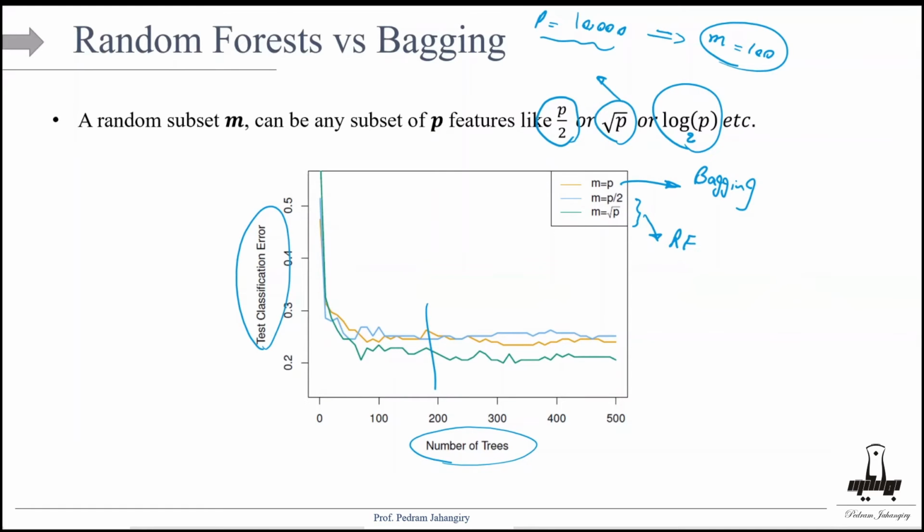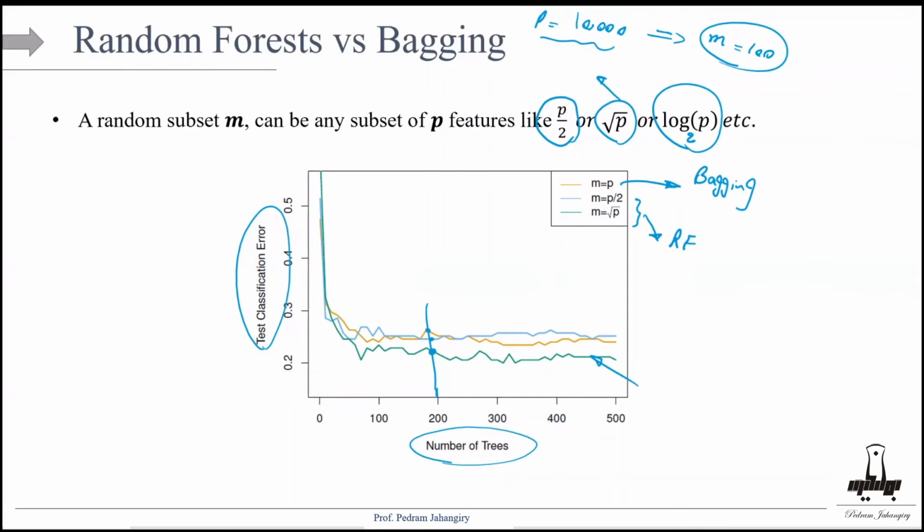It seems that at this level of complexity, the random forest when M is equal to the square root of P is outperforming the random forest when M is equal to P over 2, and it's outperforming our bagging, right? Because remember, these are classification errors. The model with the smaller classification error is a better one, right?